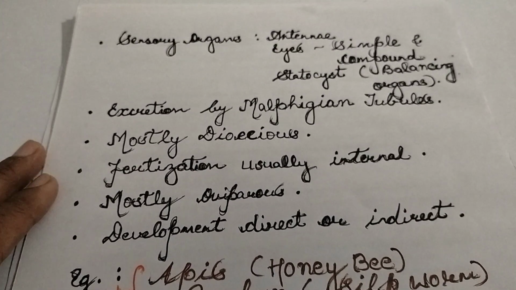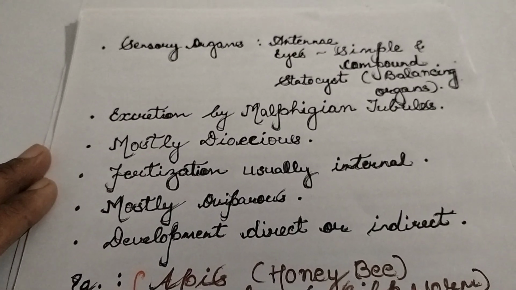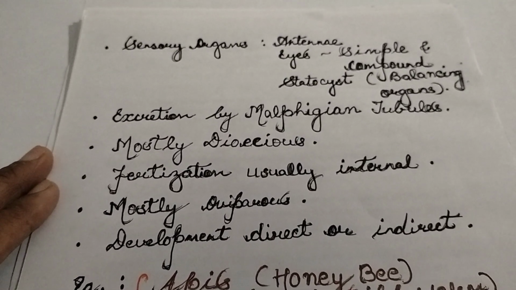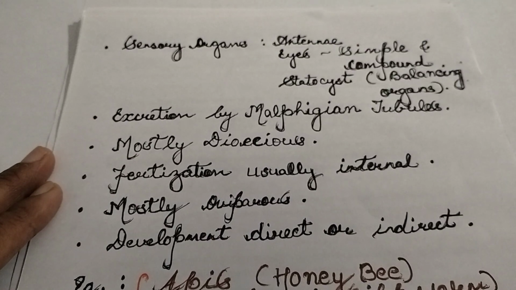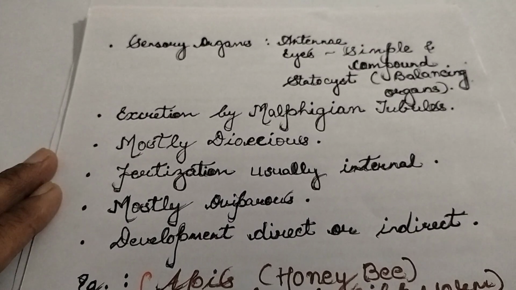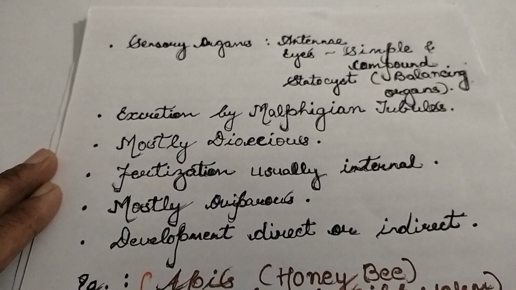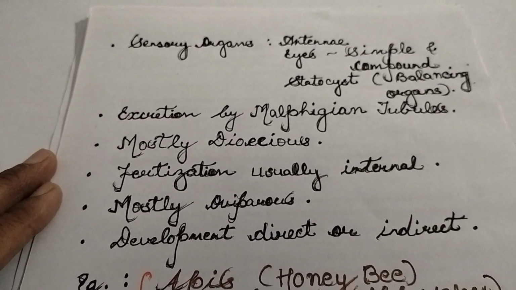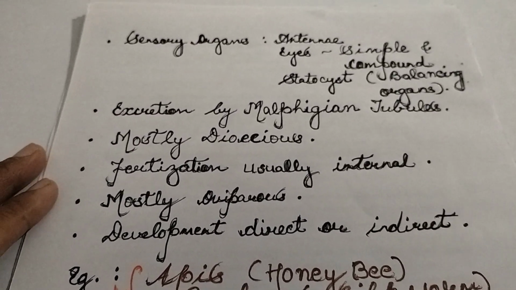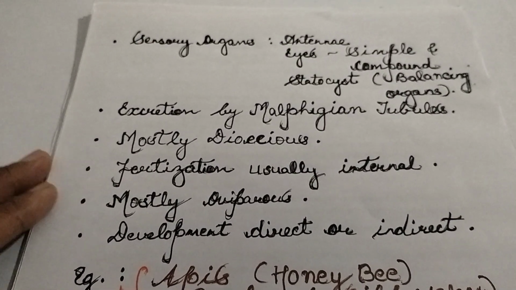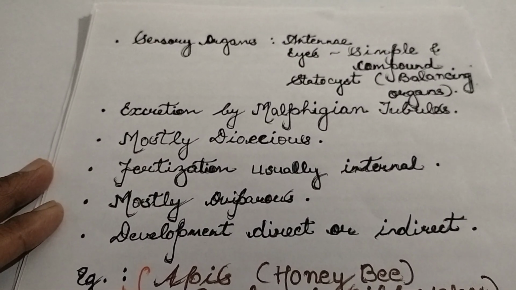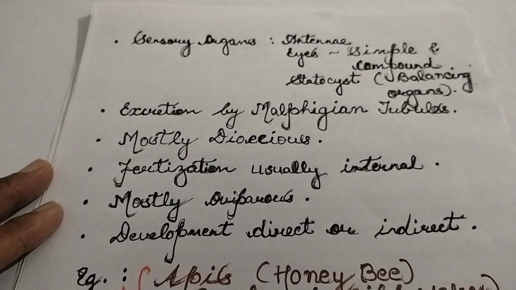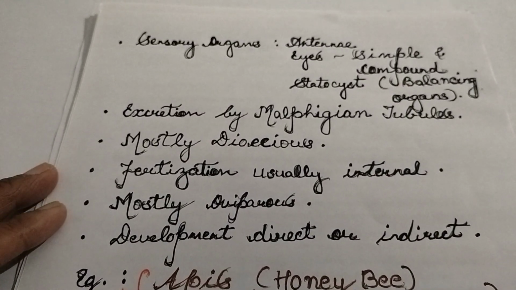Next, they are mostly dioecious. Remember, dioecious means sexes are separate. Different male and female organisms are present. So, mostly they are dioecious. Fertilization is usually internal. Usually, fertilization in arthropods takes place internally inside the body. They are mostly oviparous.